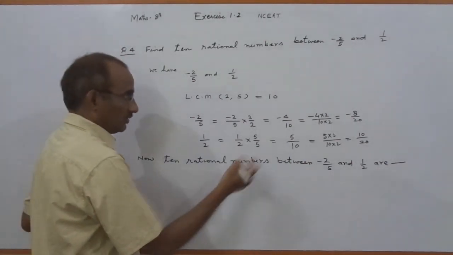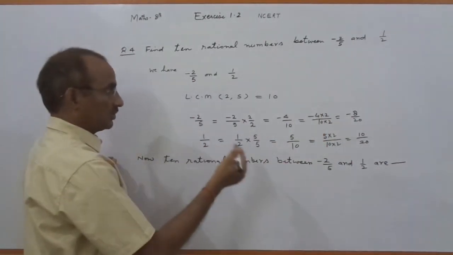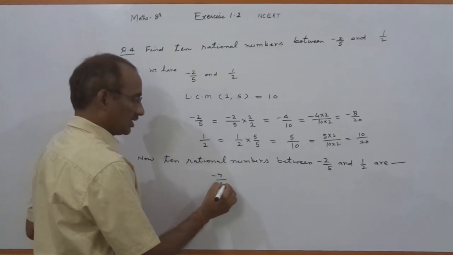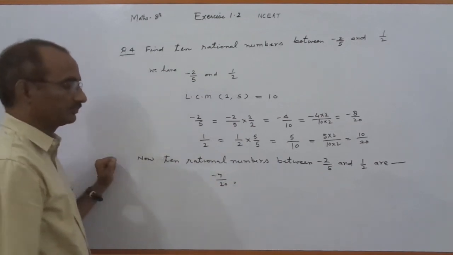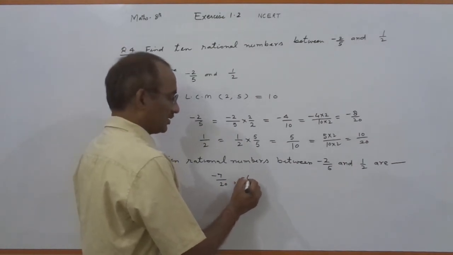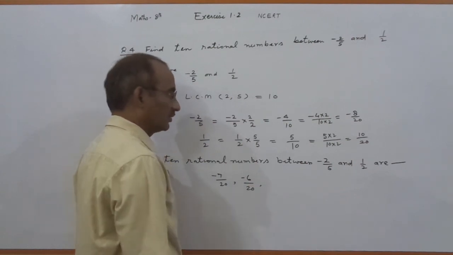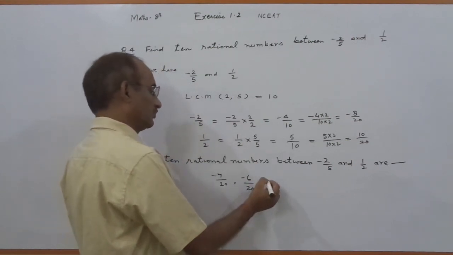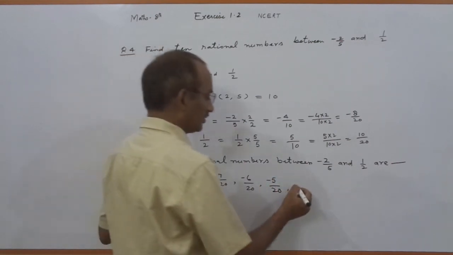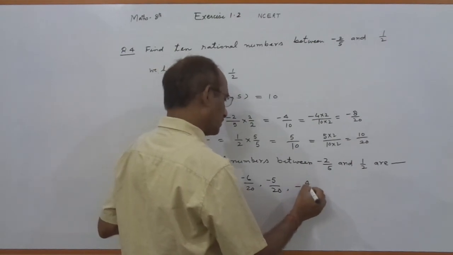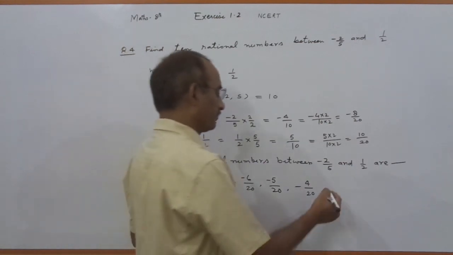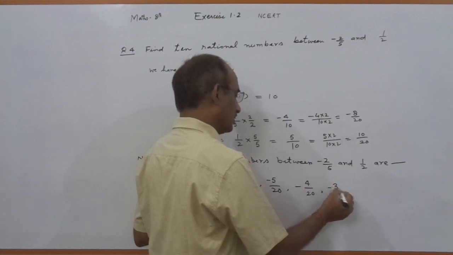The first one is, take from here minus 8 upon 20. So it is minus 7 upon 20. Minus 6 upon 20. Minus 5 upon 20. Minus 4 upon 20. Minus 3 upon 20.